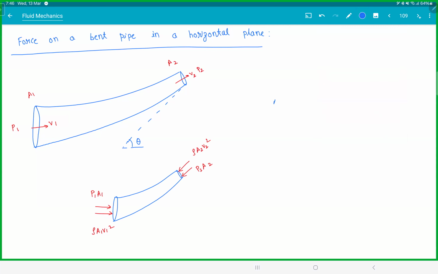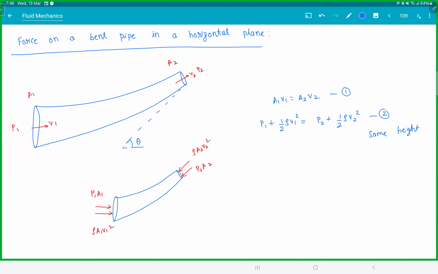And we also know A1 V1 is equal to A2 V2, equation of continuity. That is one. And the pressure difference, we can write P1 plus half rho V1 square equals P2 plus half rho V2 square. This comes from Bernoulli's equation. Same height, so H1, H2 are equal.